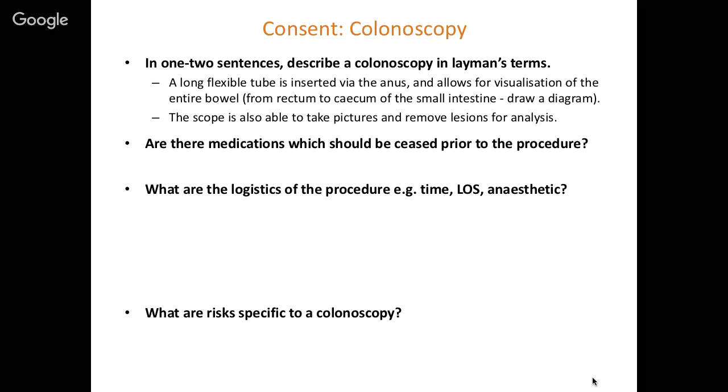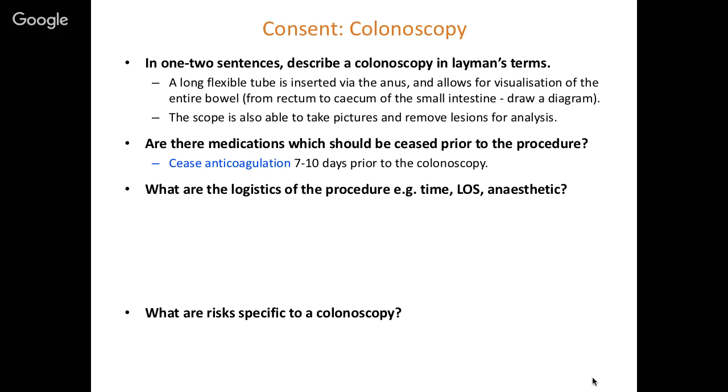Any medications which should be ceased? I guess you could apply this to most surgical procedures. Yeah, any anticoagulation? It depends. There are a few different guidelines for whether it's warfarin or a novel anticoagulant like apixaban, but generally you cease anticoagulation about a week before. What are the logistics?